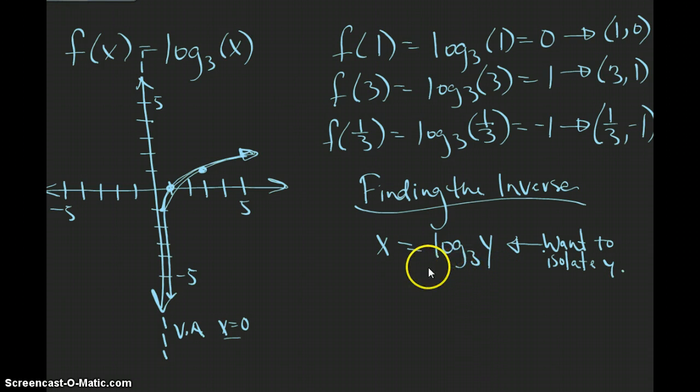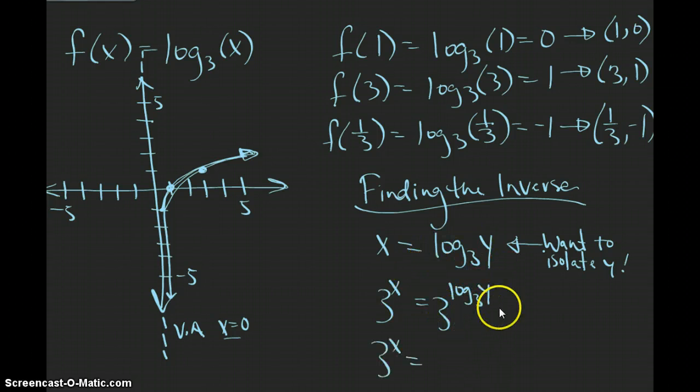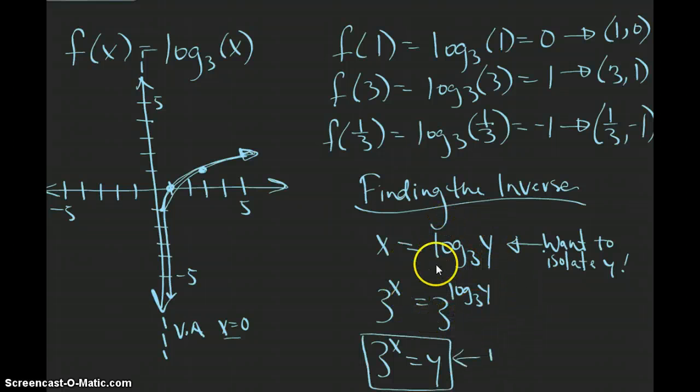So if I take 3 to the log base 3 of something, I should just be able to get that something out. 3 to the x is what I'll have on the left side, and then I'll have 3 to the log base 3 of y on the right side, but this right side is just y. So my inverse function is 3 to the x equals y, or y equals 3 to the x.